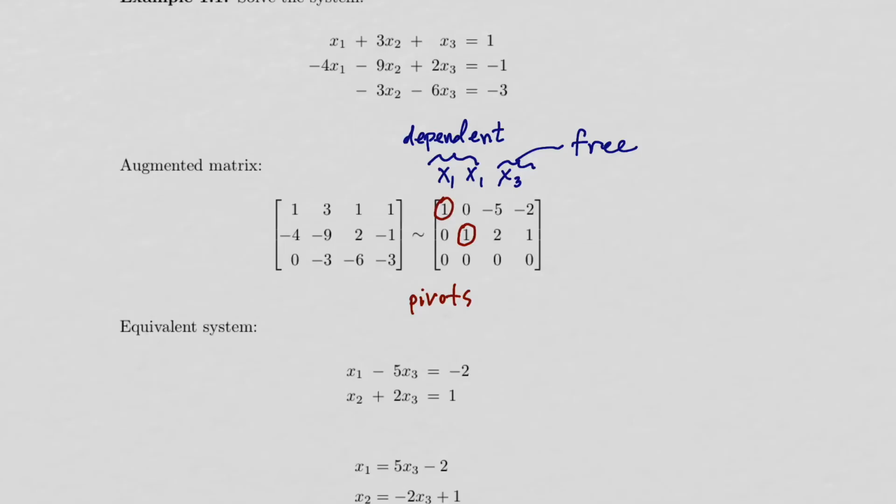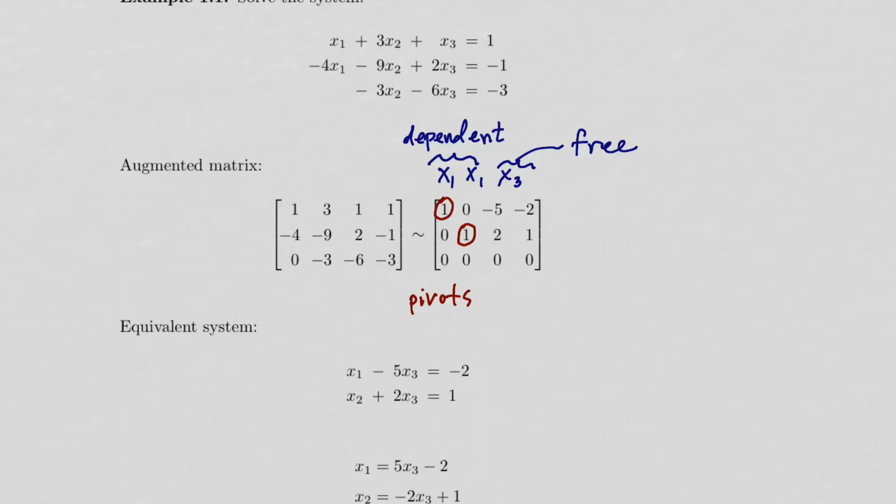All right, then we write down the equivalent system, or the system that corresponds to this row reduced form of the matrix. Notice the last row is all zeros. So this is kind of weird. It tells me 0x1 plus 0x2 plus 0x3 equals 0. In other words, 0 equals 0, but I already knew that, so it's not very helpful. I'm not going to bother writing that down. I'm just going to write down these two equations, or the equations corresponding to these two rows.